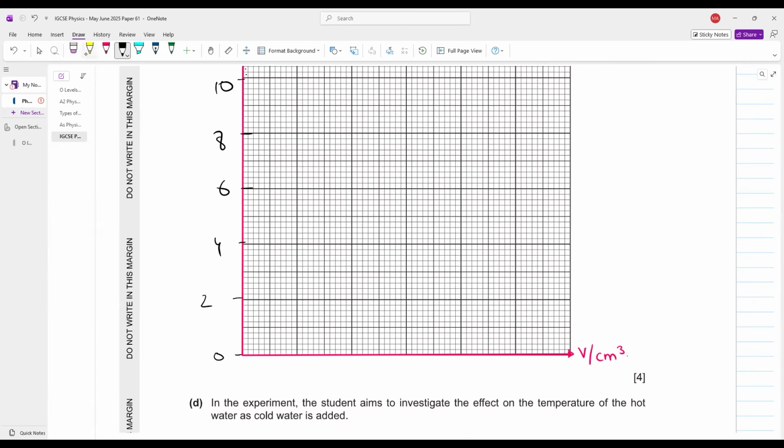Or you can take multiples of 5: 5, 10, 15, 20, 25. Or you can have multiples of 10: 10, 20, 30, 40, 50. So you can keep multiples of 1, 2, 5 or 10.